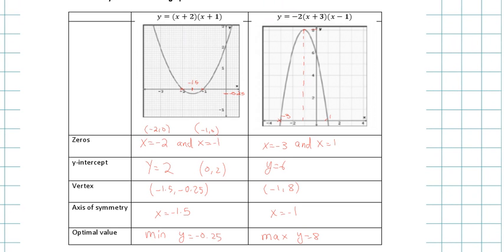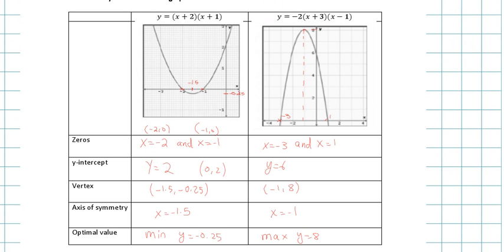The equation is y equals x plus 2 times x plus 1. Is there anything in the key features that matches the equation? The zeros. How do they match? The zeros here are x equals -2 and x equals -1, right? My equation is x plus 2 times x plus 1.